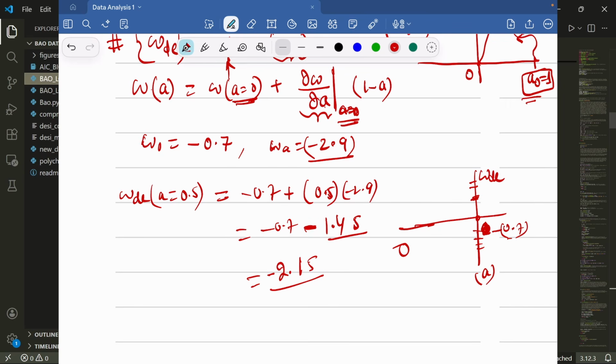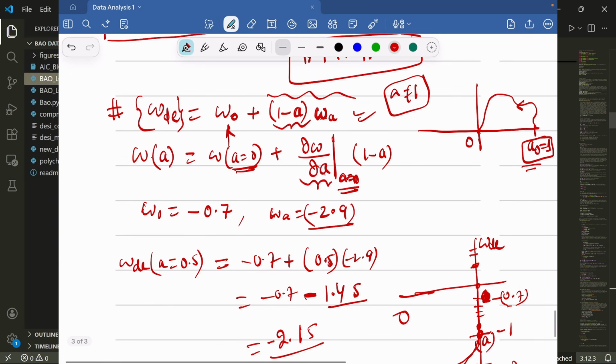So this will start, let's say here it is minus 1, here it is minus 2, here it is minus 3. So it will come like this, 2.15. So the way you are going into the past, the equation of state will actually come down from minus 0.7 to minus 2.15.